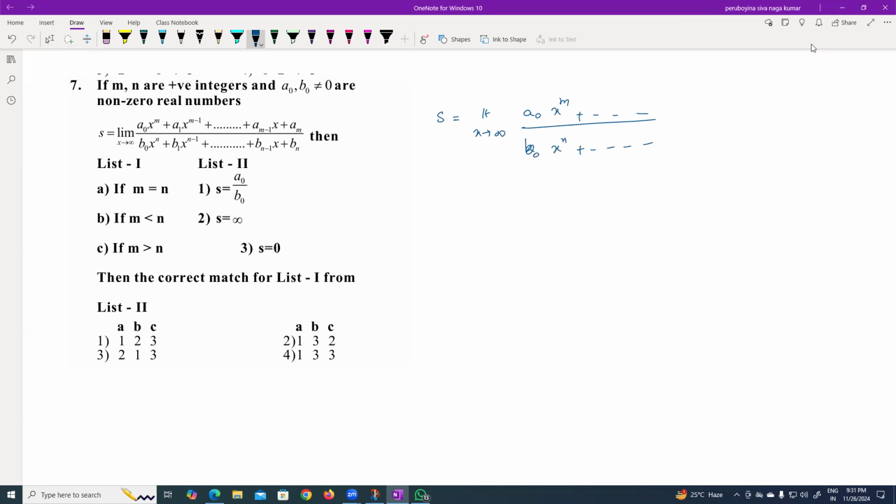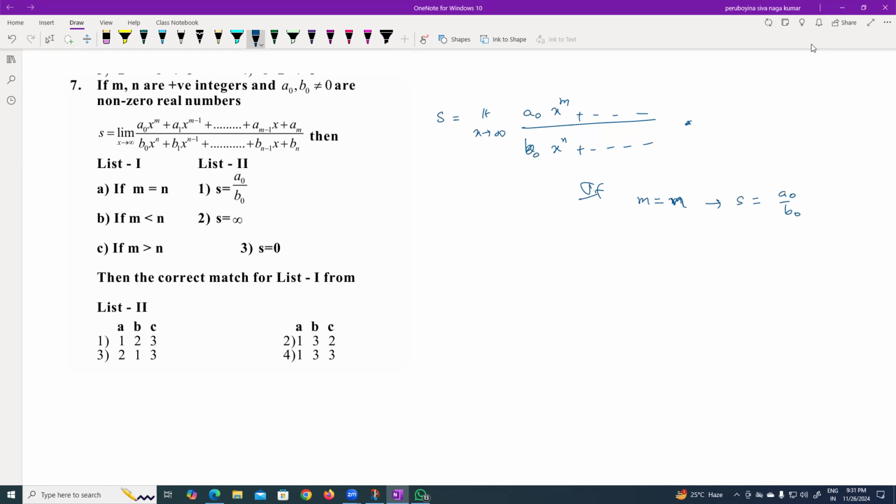The remaining terms, monomials, are not needed. The highest one we require. So determine the infinite limit. If m is equal to n, we already learned in the concept, the answer for S is a naught by b naught.